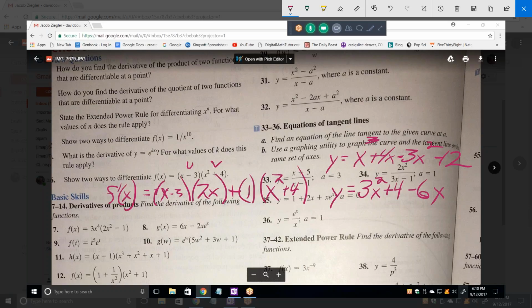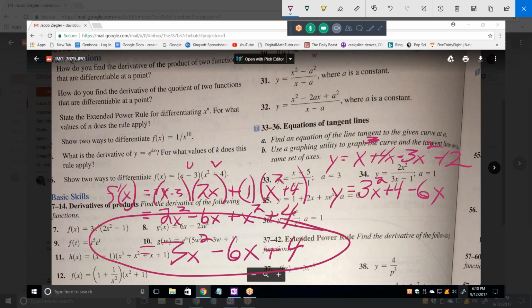We'll simplify this: 2x squared minus 6x plus x squared plus 4, and then 3x squared minus 6x plus 4. One advantage is you ended up with a polynomial that had everything in the right order. Whereas the other way, same answer, but I think the other way actually is a little more work.